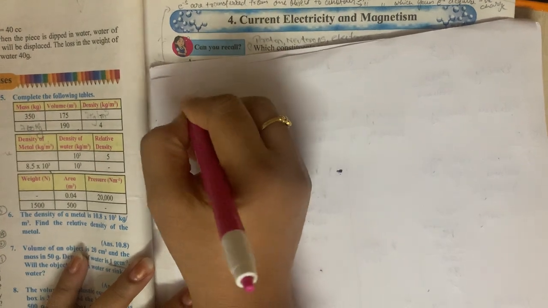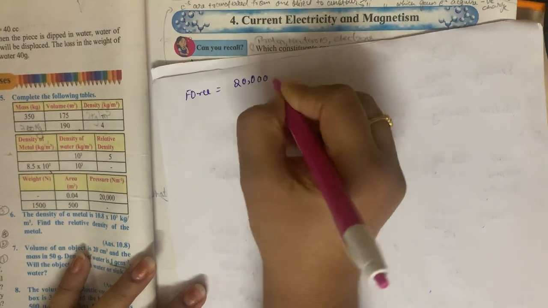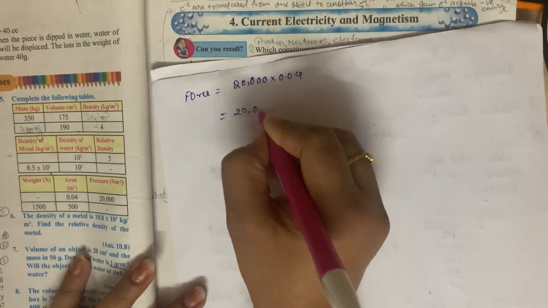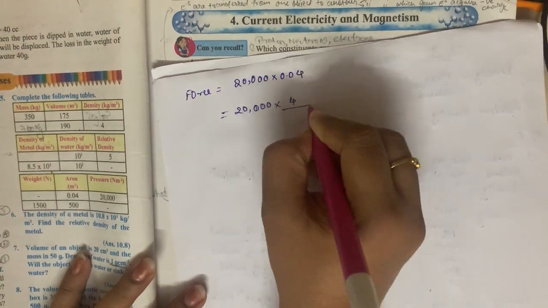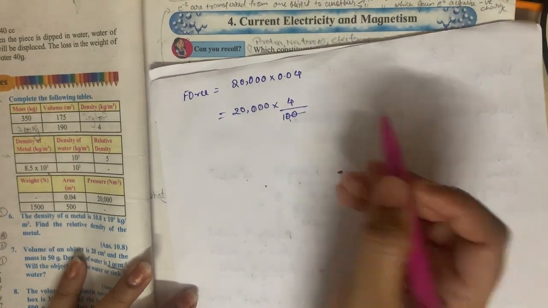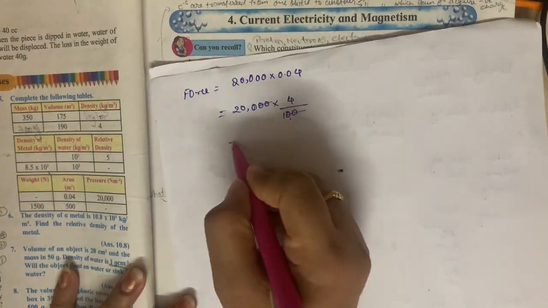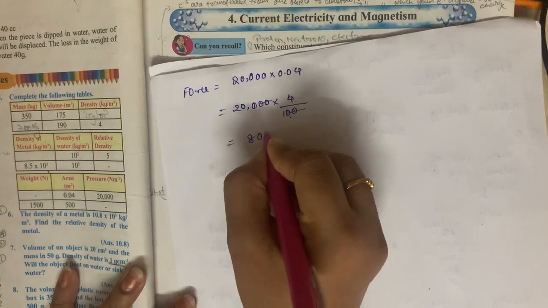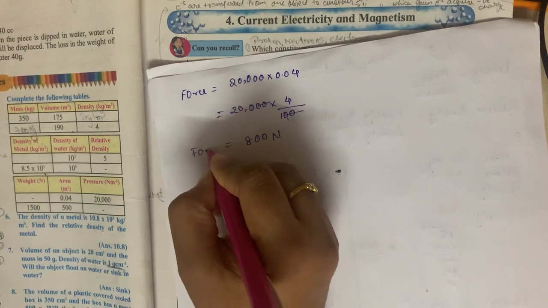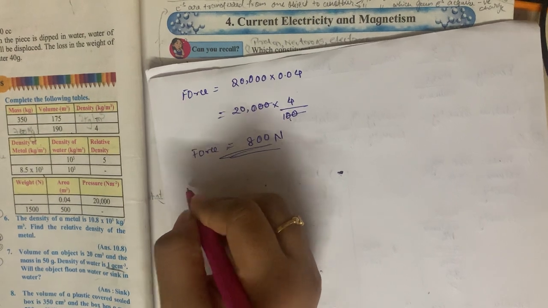So it comes force, this is what it is written, right? 20,000 into 0.04. So what you will write? 20,000 into 4 by 100. You can remove the decimal point by putting 100. You can see this 20 and here 20 will be cancelled. So what you will get? 4 2s are 8 0, 800. This is what you are getting. This is what the formula. You understood?